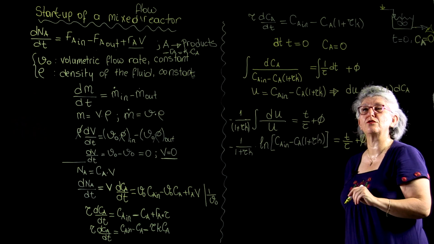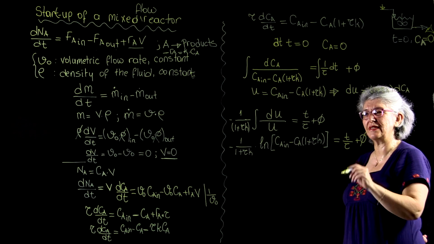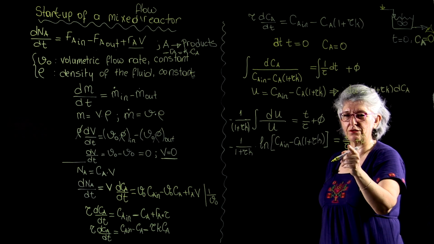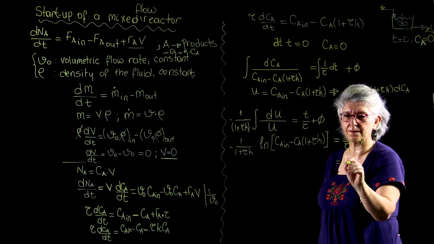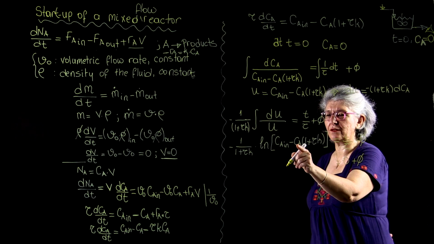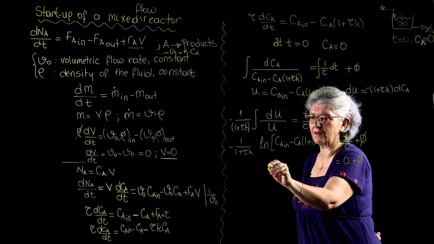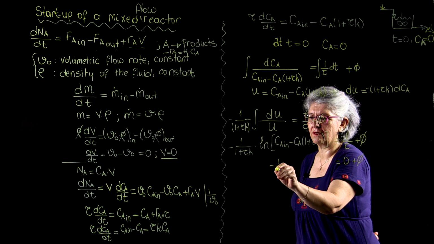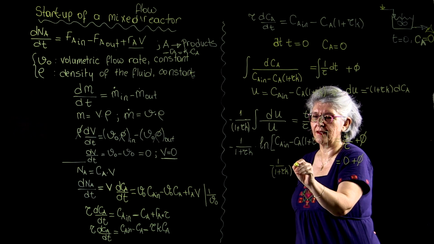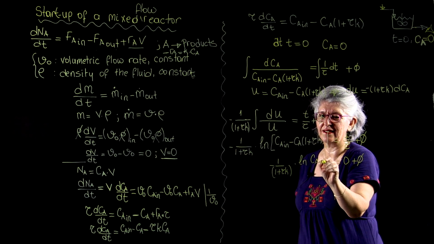Now I'm going to substitute my initial condition: at time t equal to 0, Ca is equal to 0. So when time t is equal to 0 and Ca is equal to 0, this term disappears. I am left with minus 1 over 1 plus tau k times ln Ca,in. That is my phi.